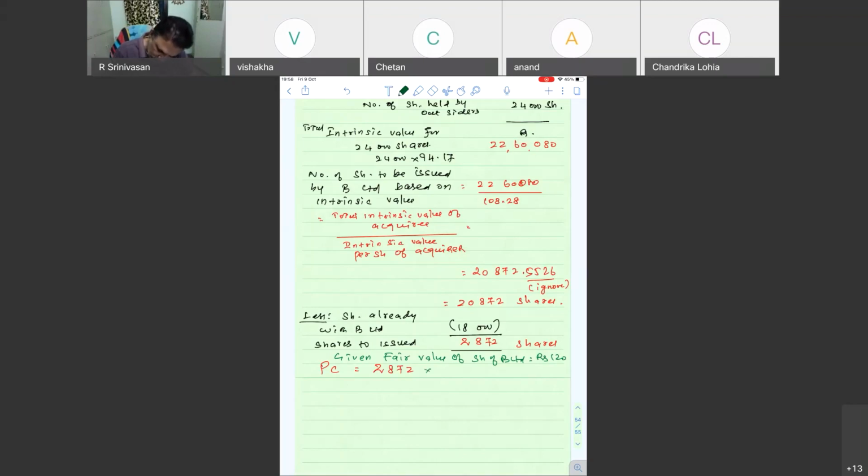So purchase consideration will be 2,872 into 120, which is rupees 3,44,640.